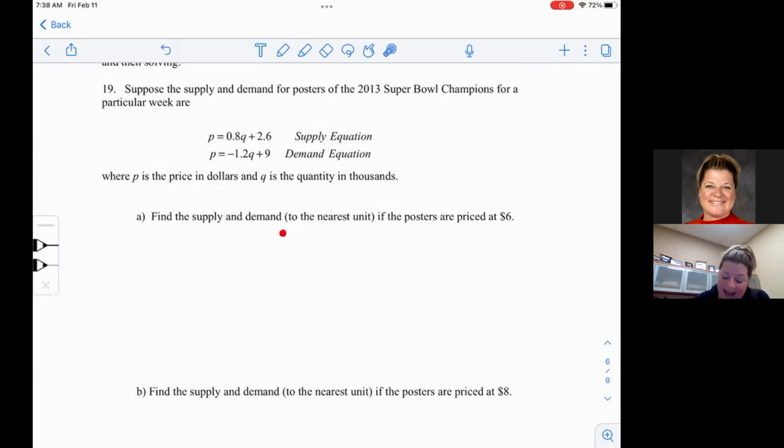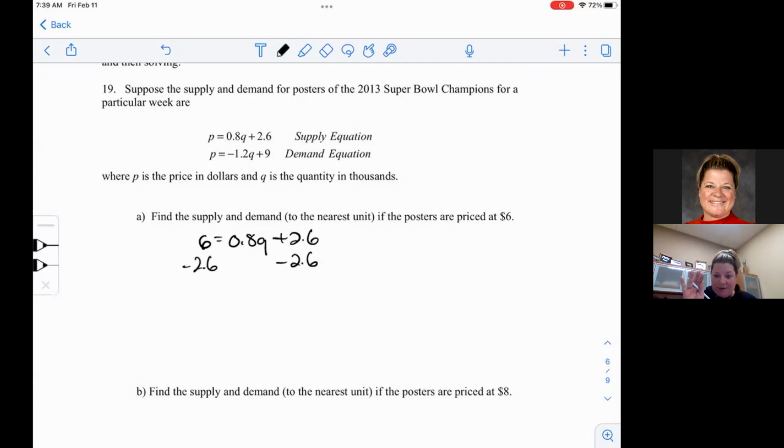Find the supply and demand to the nearest unit if the posters are priced at $6. So find the supply. So we're just looking at our supply equation if they're priced at $6. So our price was P. So we would have 6 equals 0.8Q plus 2.6, and we'd have to solve that one. So we'd subtract the 2.6 over.